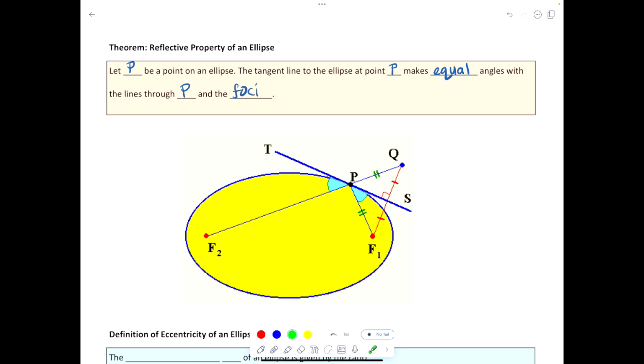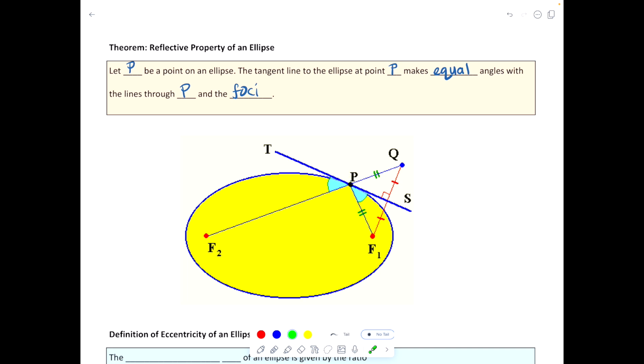That's your focus 2 and focus 1. And you've got this line here going through P. They have it extended through Q. And then you've got this other line here, the other focus here, right?